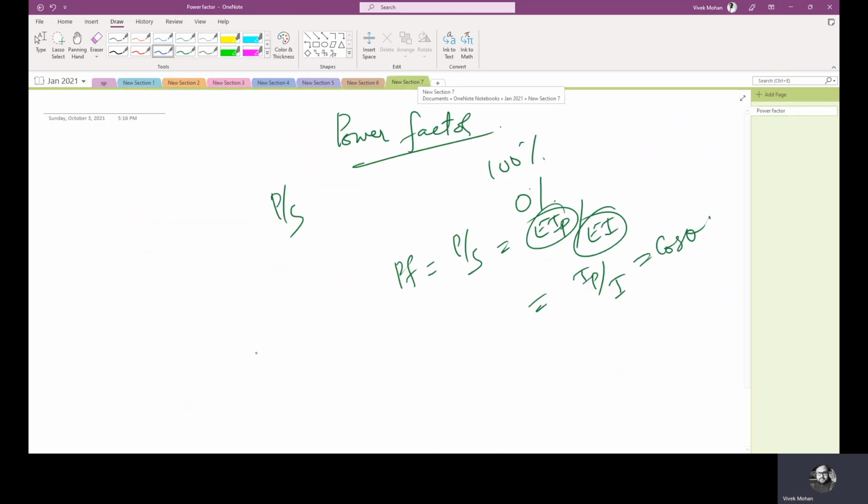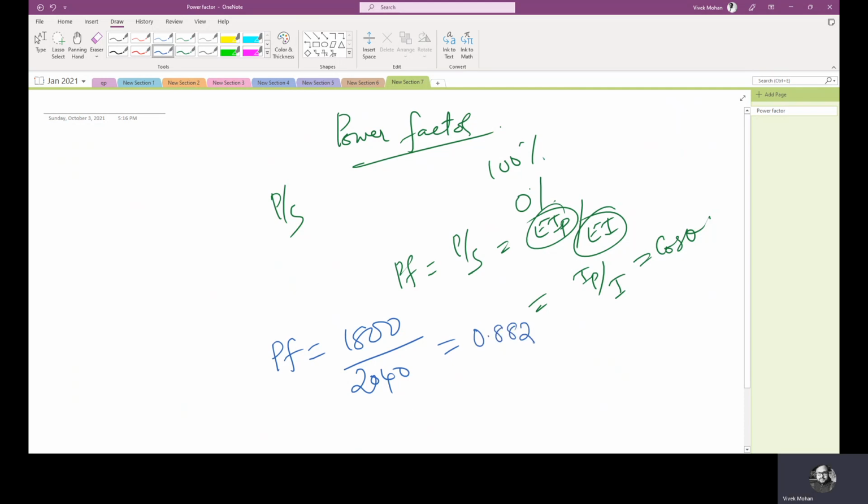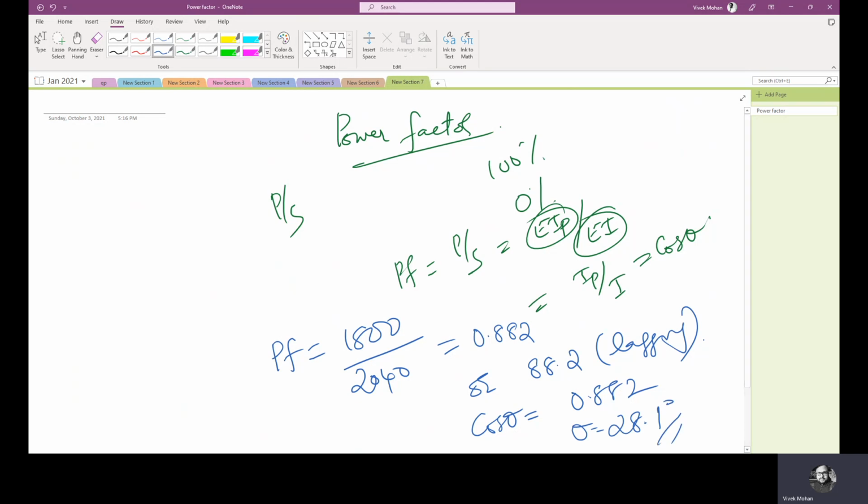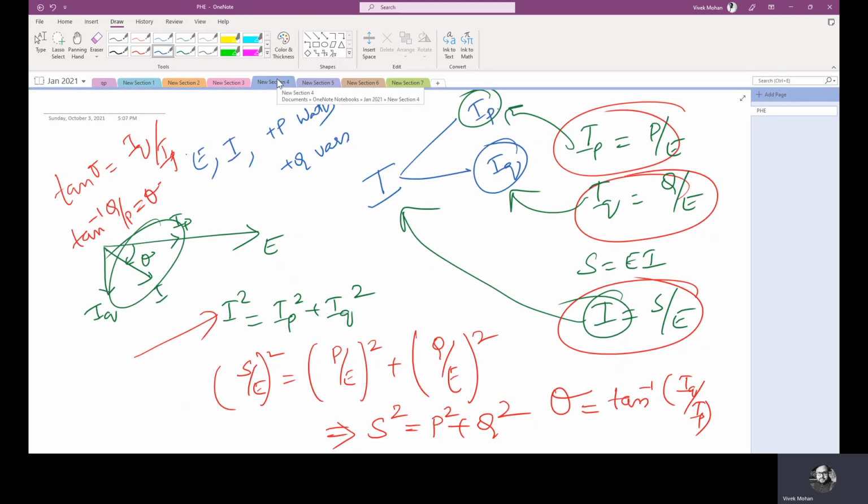So naturally, I should get the power factor as 1800 divided by 2040, which is equal to 0.882, or I can say 88.2% lagging, or cos theta equals 0.882, theta equals 28.1 degrees, which we have already found out.